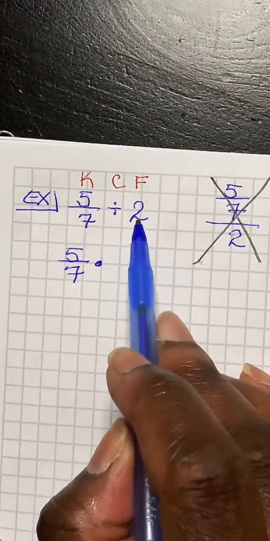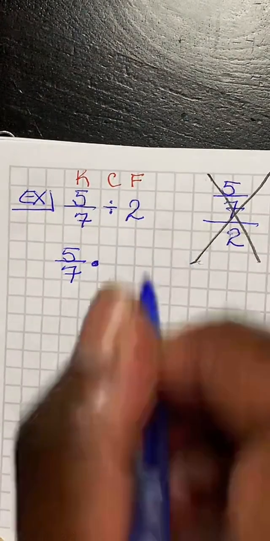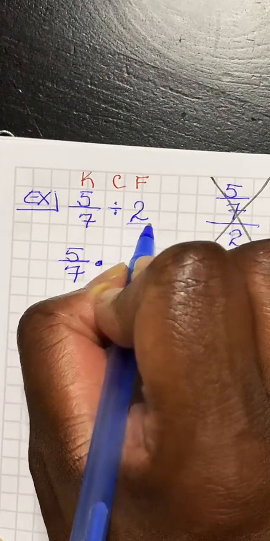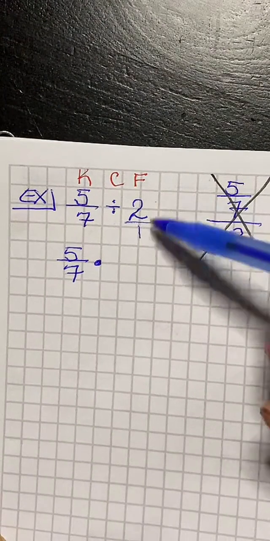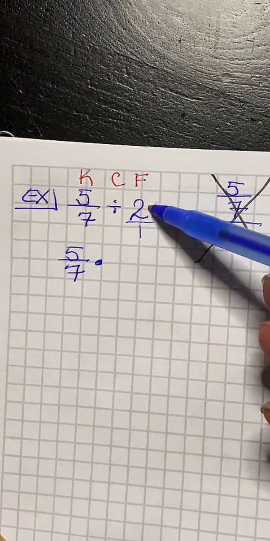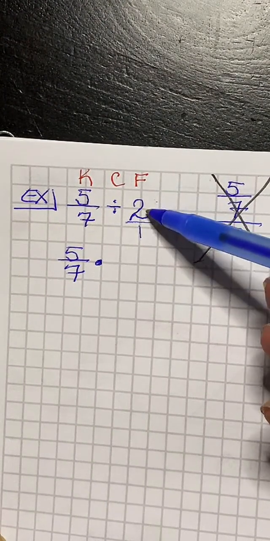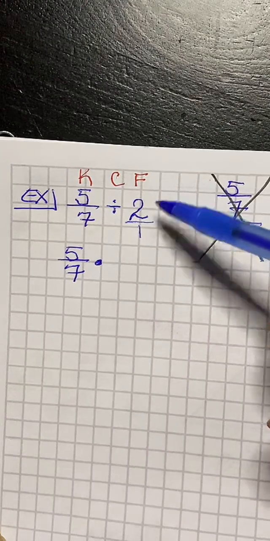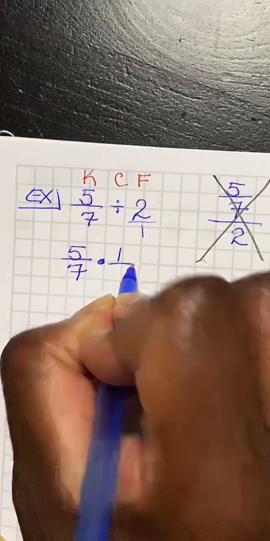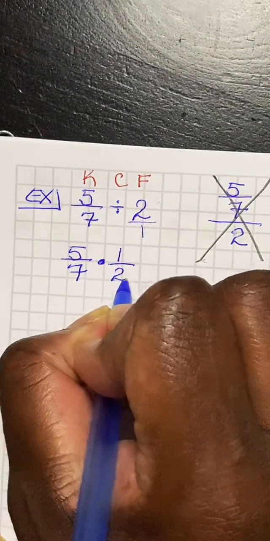And we're going to flip this 2. Because anytime you see a whole number, it's really over 1. It doesn't change the value. All you did was change the whole number to a fraction. Because 2 divided by 1 will still give me the value of 2. But when you flip it, that means the 1's going to be in the numerator and the 2's going to be in the denominator.